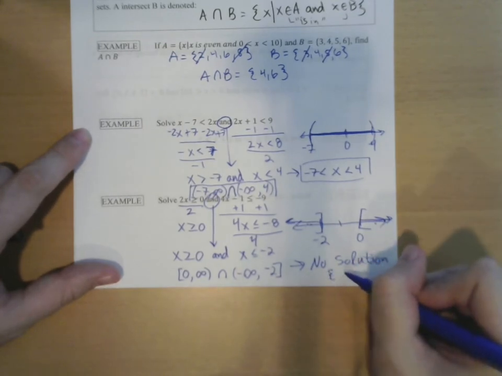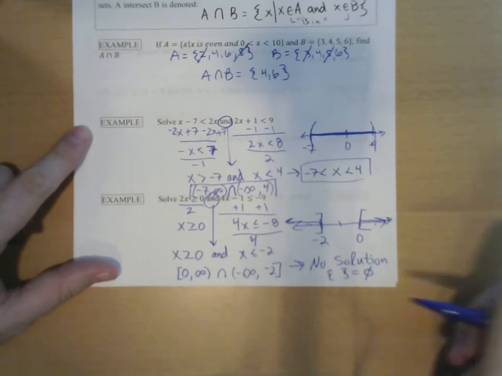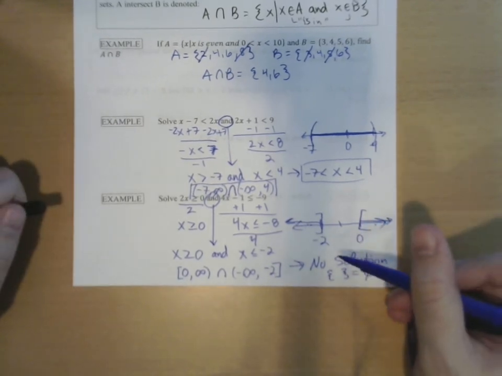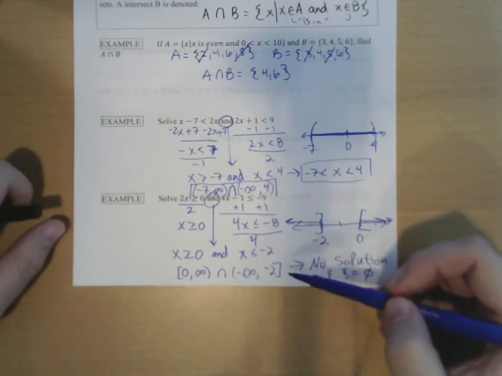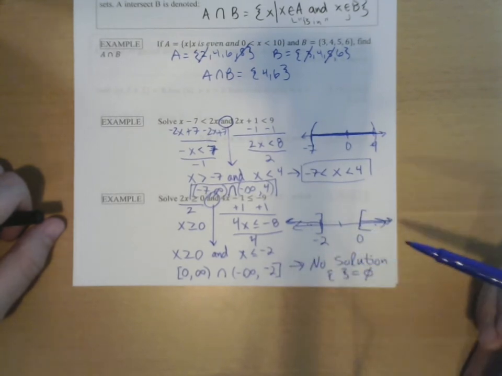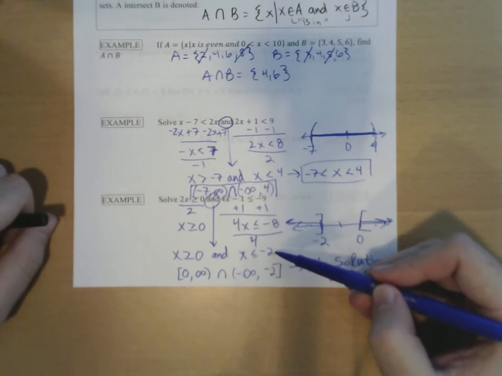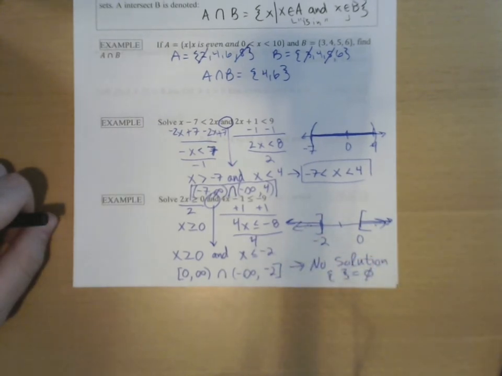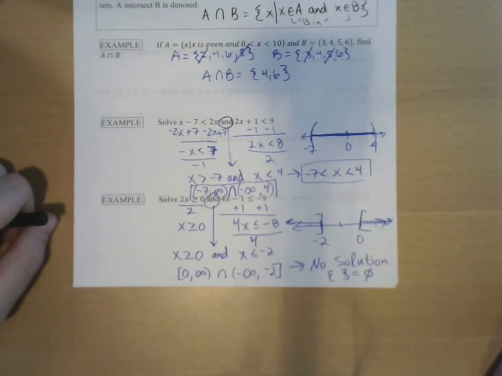Or we call this the empty set. So the empty set is just the set of nothing, or no solutions. So you have to make sure that you're graphing your solutions to double check that you actually have a final answer, because sometimes, sure, this inequality, this interval, it looks good. We have our intersect sign, everything seems on the up and up, but when we graph it, we realize there's no actual values that are going to be in both of those.